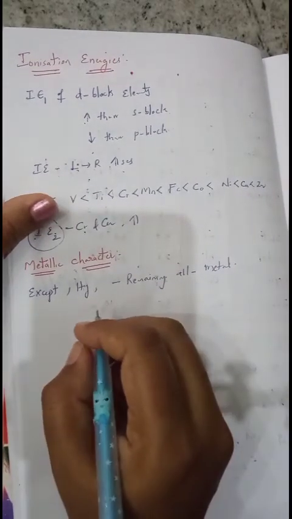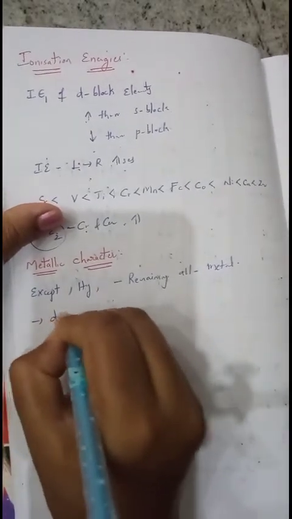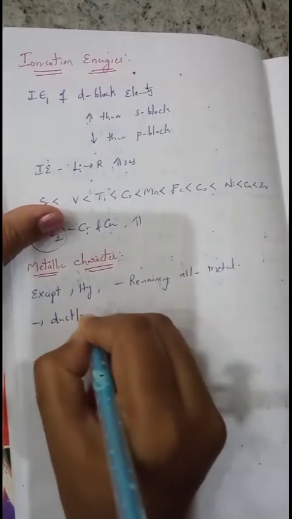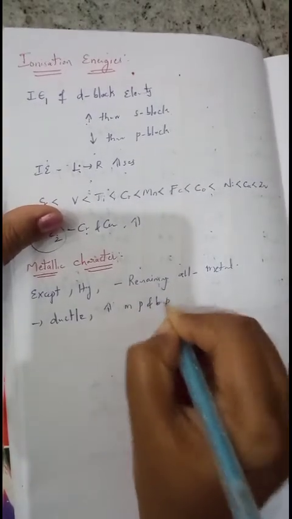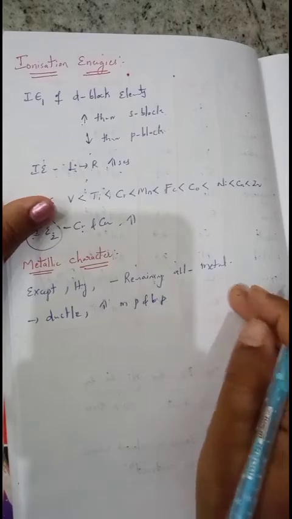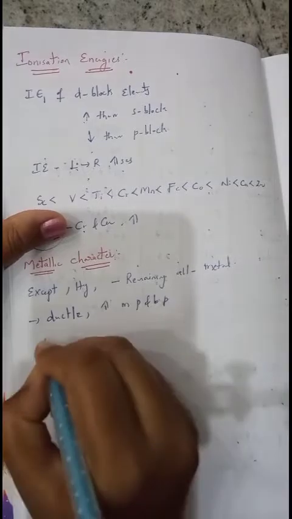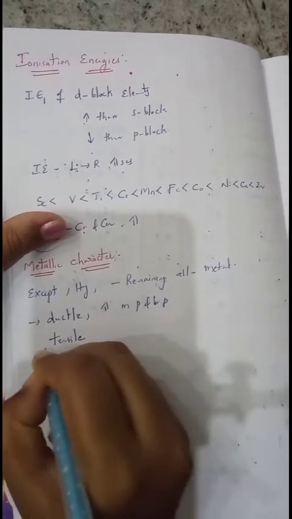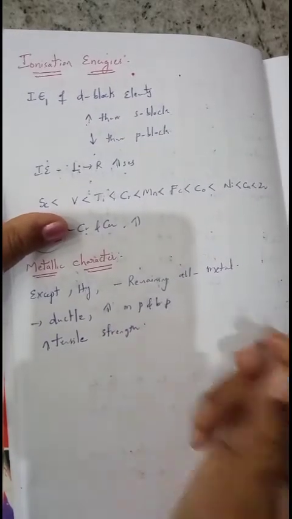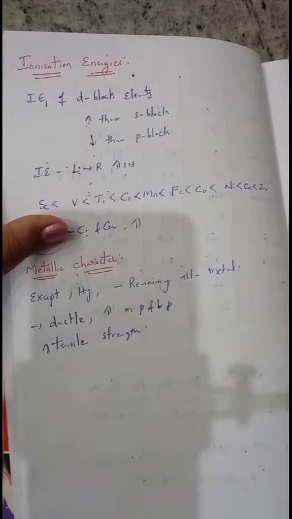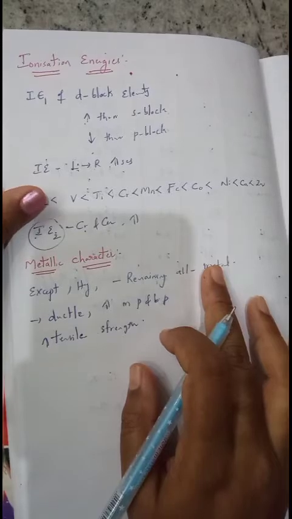They exhibit the characteristics of metals: they are ductile, have high melting and boiling points, have high tensile strength, and conduct thermal and electrical energy. That is about the metallic character of the 3d series elements.